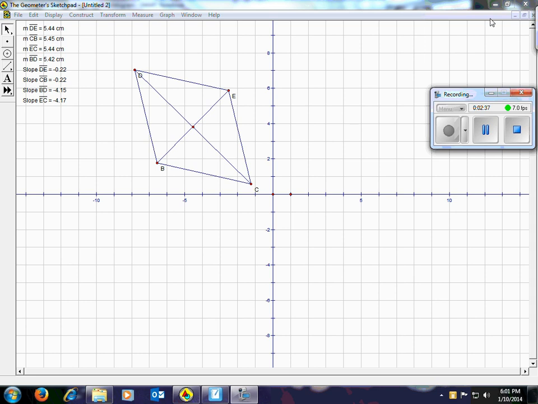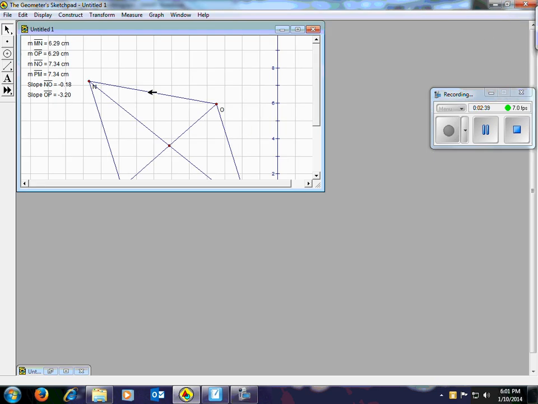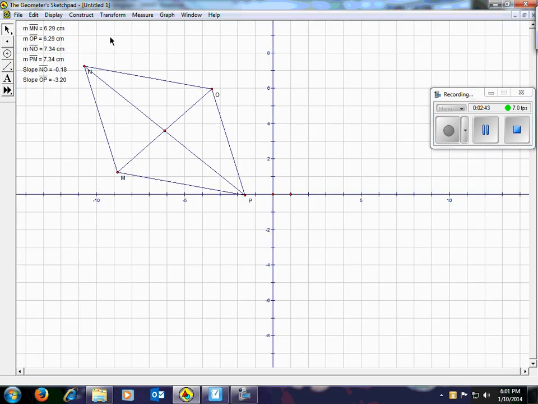Now, when I first did this one, I can show you that it did come out perfect. I don't know why I couldn't do it the second time, but this is a perfect quadrilateral. Notice that MN is the same length as OP, and NO is the same length as PM.